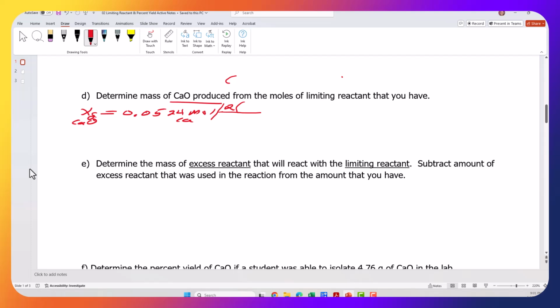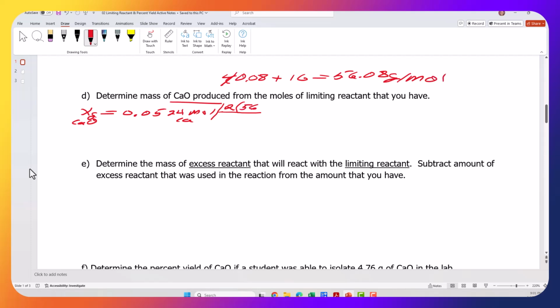So calcium is 40.08 grams per mole. Oxygen is 16. So let's see what we get. That's 56.08 grams per mole for calcium oxide. So that's all I'm going to do.